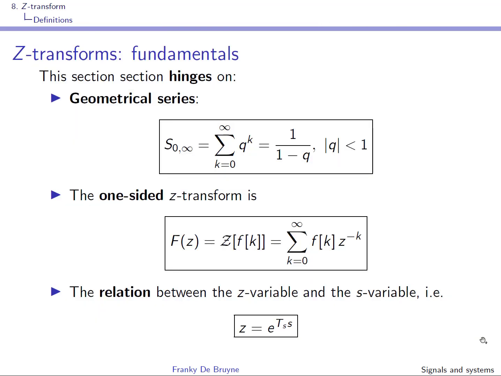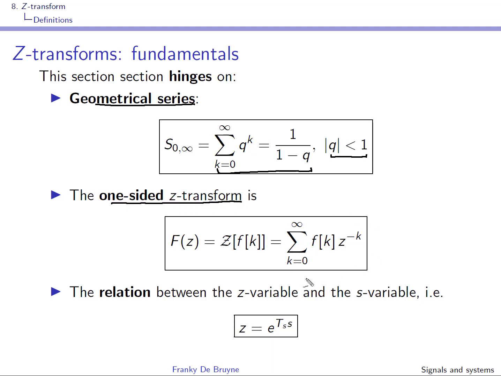You will see that everything that follows hinges on the geometric series. This is the sum over here that is equal to 1 over 1 minus q. Remember that this formula is only valid under the assumption that the modulus of q is smaller than 1. Then there is the one-sided z transform.